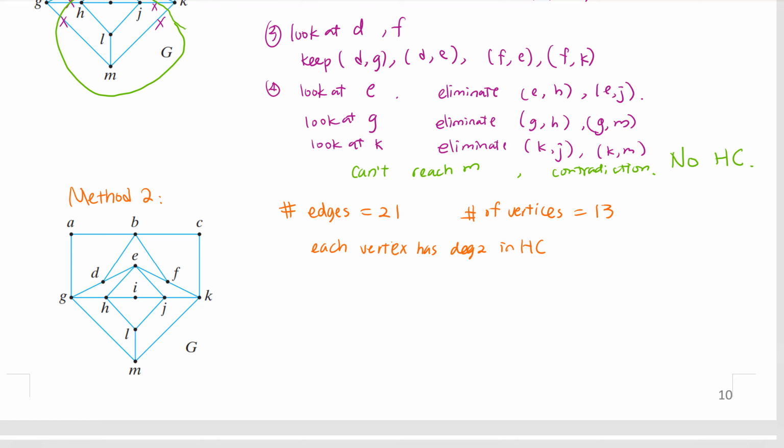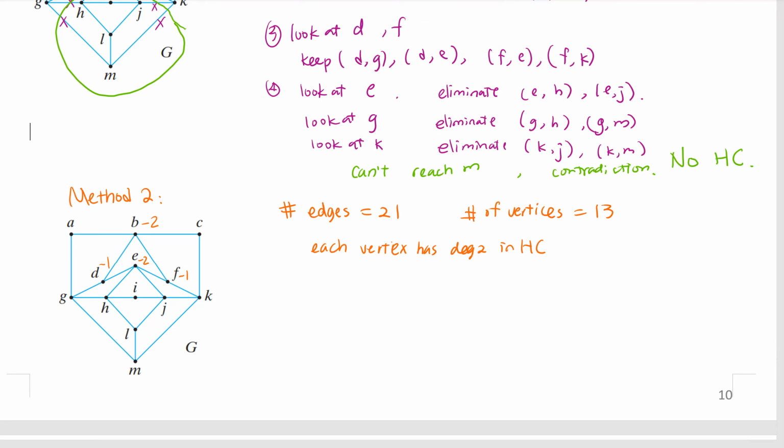So A, the degree is 2, so we don't eliminate edges. But B is degree 4, we want to eliminate 2 edges, right? C, we don't need to eliminate. D has degree 3, we want to eliminate 1 edge. E has degree 4, we want to eliminate 2 edges. F has degree 3, we want to eliminate 1 edge.